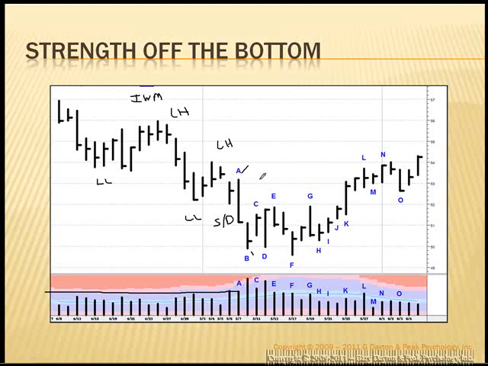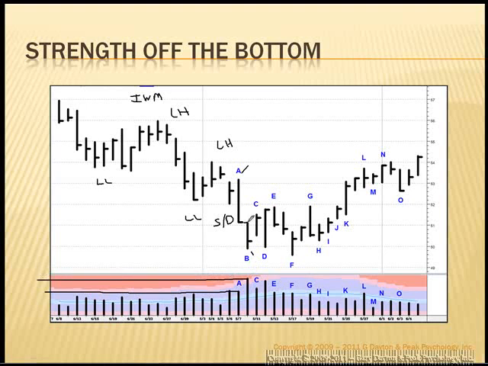All right? So if we look at this, we have maybe an average to slightly above average spread bar. It's a down bar. It's closing near its lows, but it's closing off its lows. And it's doing so on the highest volume on the chart so far.